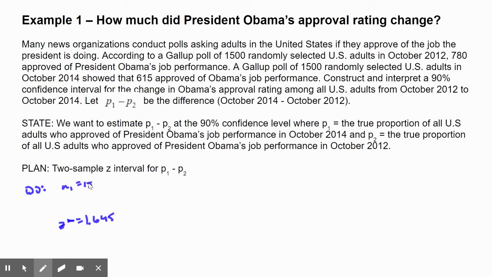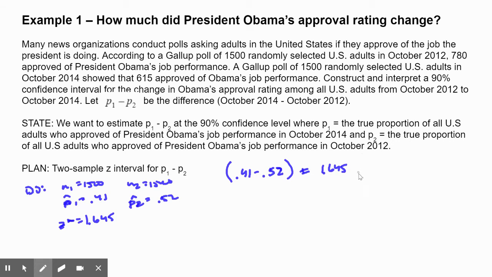Again, n1 is 1,500. p hat 1 was 0.41. n2 is 1,500. p hat 2 was 0.52. So now here comes our confidence interval. So we're going to do p hat 1, 0.41, minus p hat 2, 0.52, plus or minus z star.